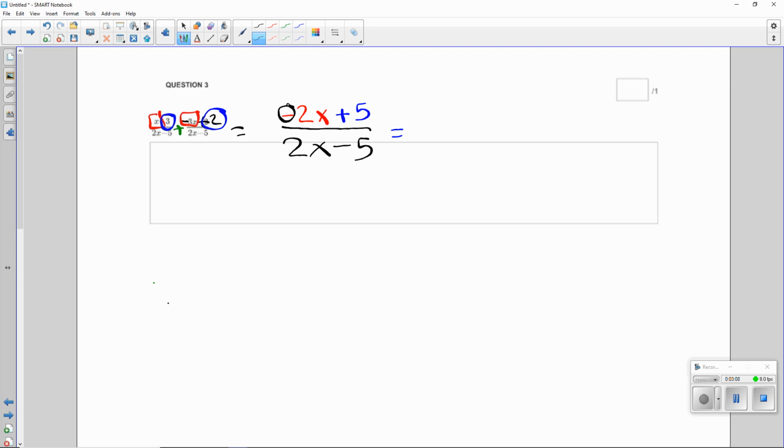So since the lead coefficient is negative, what we can do is factor out a negative. And we especially want to do it on this problem because we can see pretty quickly what's going to happen. The 2x minus 5 at the bottom is going to cancel the 2x minus 5 at the top.